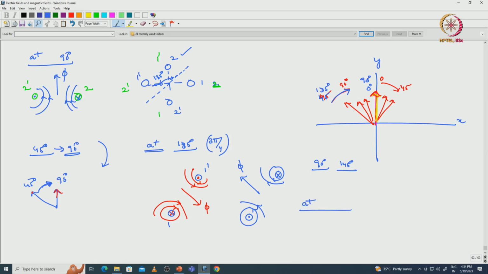Next condition I am taking at angle pi or 180 degrees. At 180 degrees rotation, with respect to this, it is exactly flipped, right. 1 dash came this side, 1 dash this side, 1 and that side 1 dash.